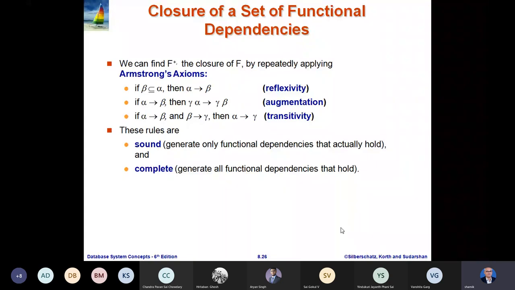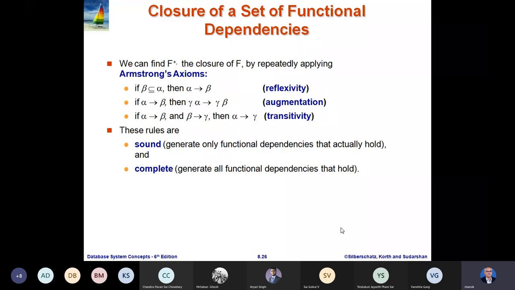So these are Armstrong's axioms or rules, that is reflexivity, augmentation, and transitivity. And these rules have been shown to be sound. They generate only functional dependencies that actually hold, and they are complete, meaning they generate all functional dependencies that hold. So we are not going into the proof of it, but we assume that these rules are sound and complete.